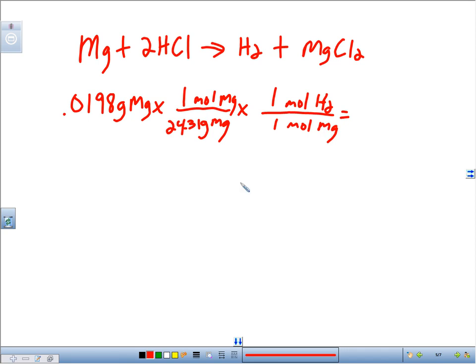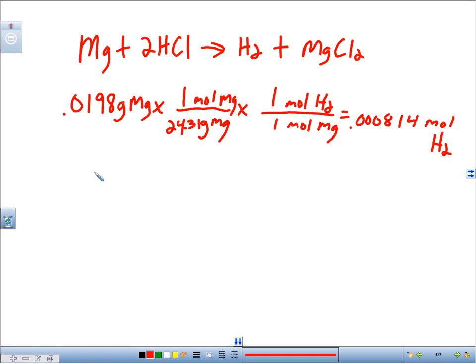If I do my math, I'm going to take 0.0198 divided by 24.31. I get 0.000814 moles of hydrogen. Remember, this will be different for different people. I'm going to now figure out how many liters per mole.